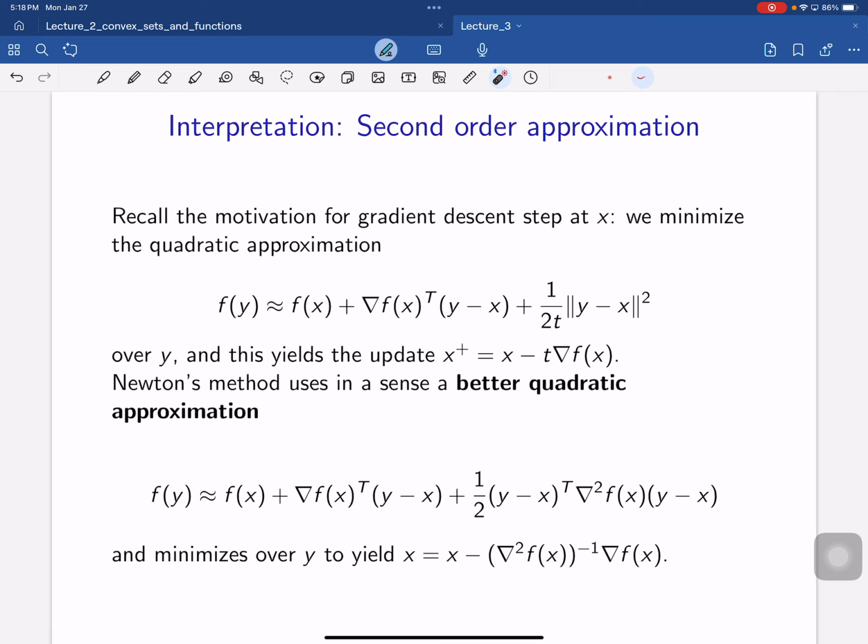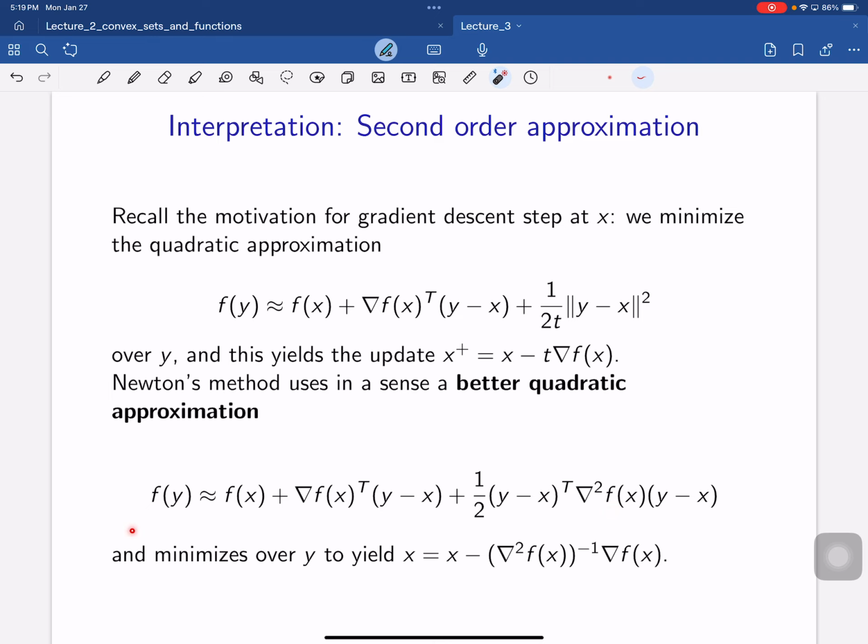Remember, in the first order method, we approximate the Hessian using the identity matrix. That's why we have this proximal term here. But in the second order method, instead of approximating the Hessian by the identity matrix, what if you just use the Hessian itself, right?